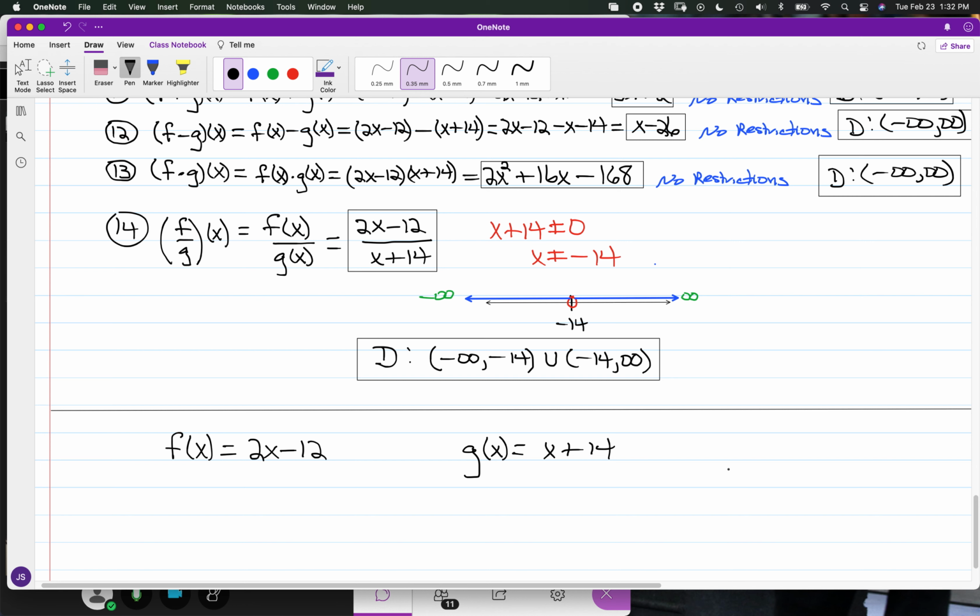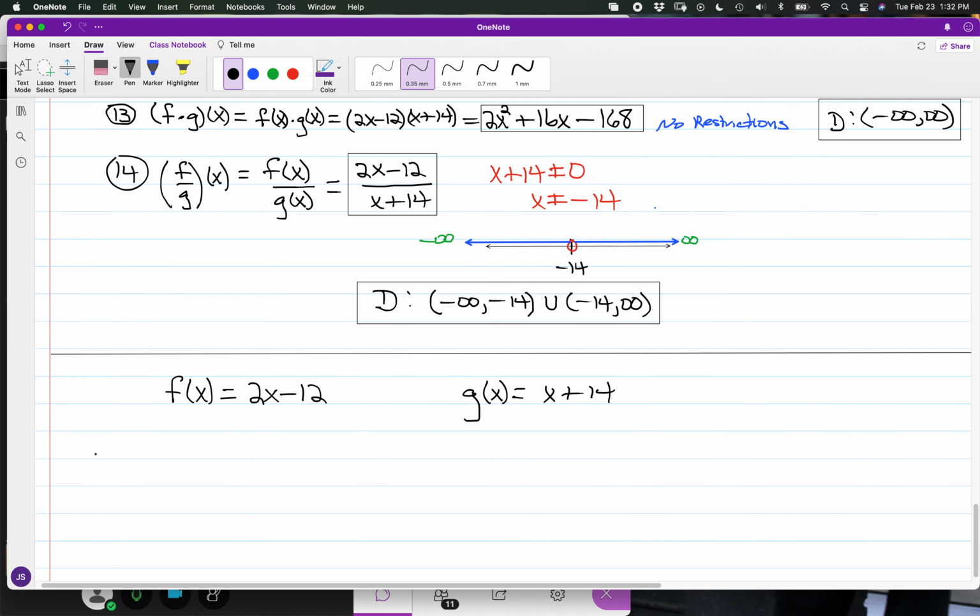Okay, now in the case of what we have with the compositions, so we have in the case of f composed with g of x. And just writing in sort of the compact notation. So we're now looking at f of g of x.